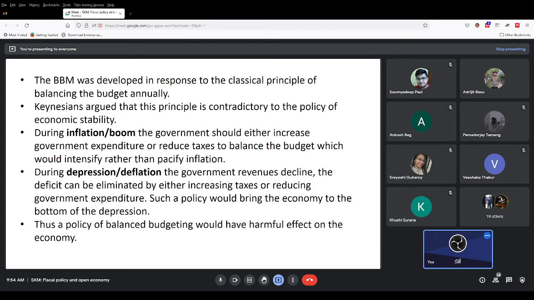So basically the argument was that you should not try to balance the budget, but depending on what the economic situation is, you can have a budget surplus or budget deficit. If you try to balance the budget, this is actually going to have a harmful effect on the economy.